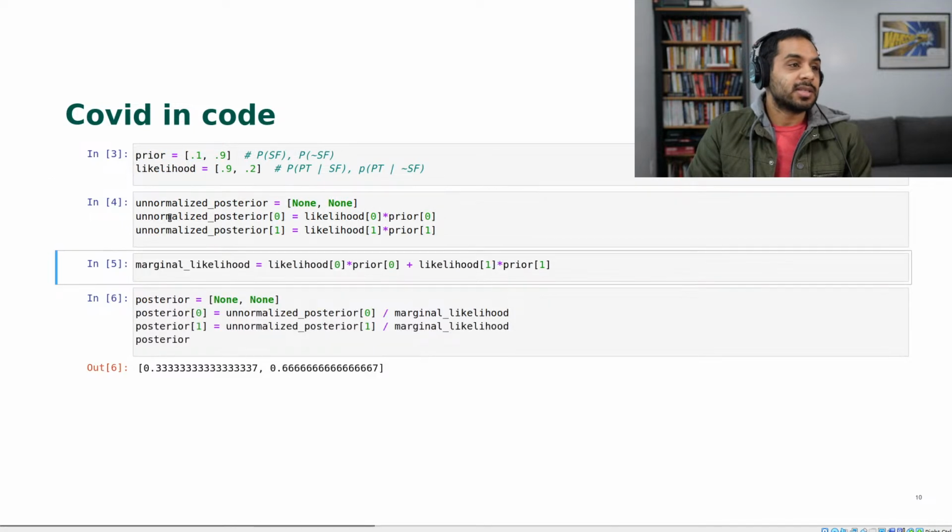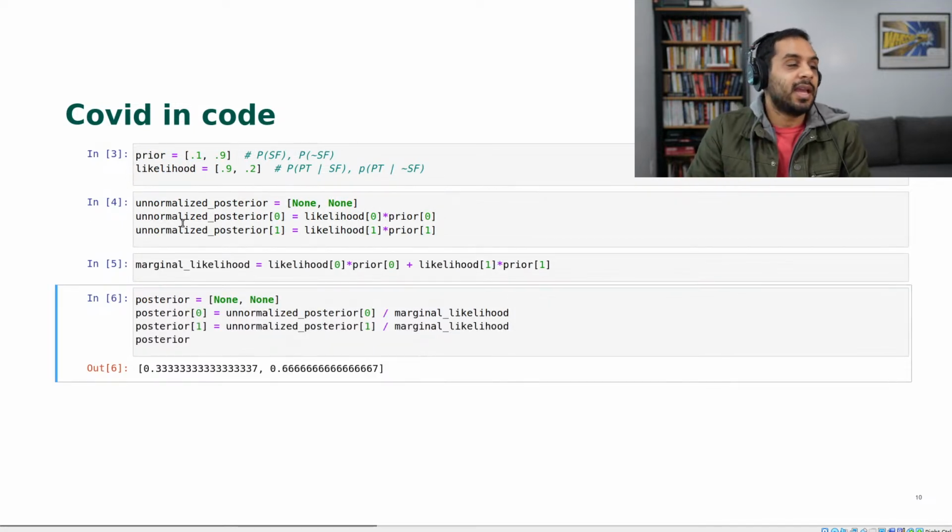We run the numbers, and what the entirety of this calculation means is that even after a positive test, there is only a 33% chance that you have space flu. I'm going very quickly through this Bayesian update. So if anybody has any questions, you should ask now.